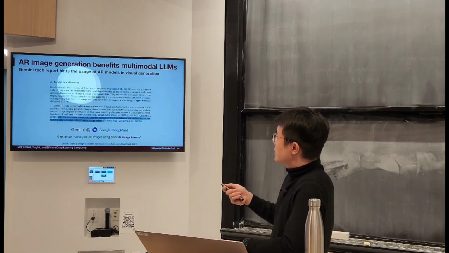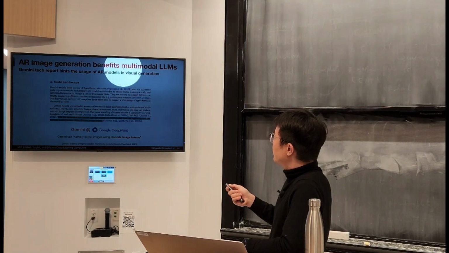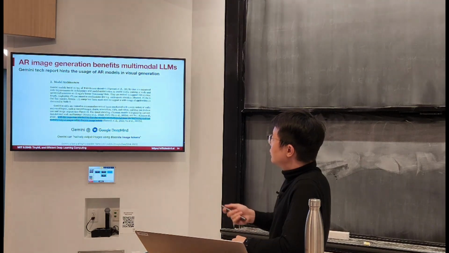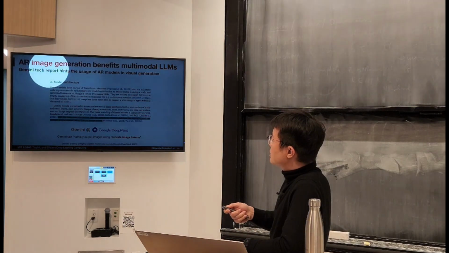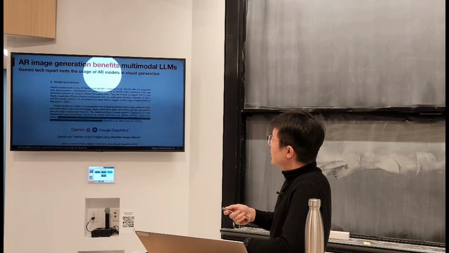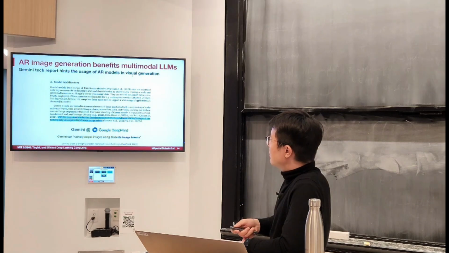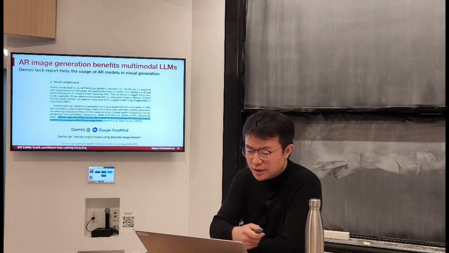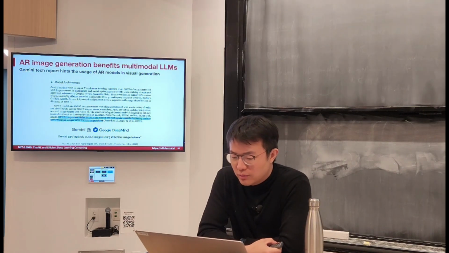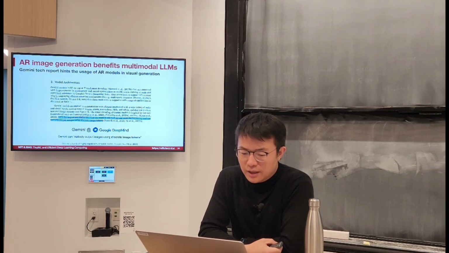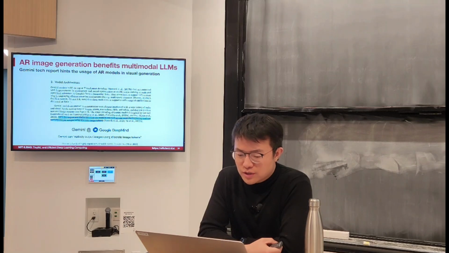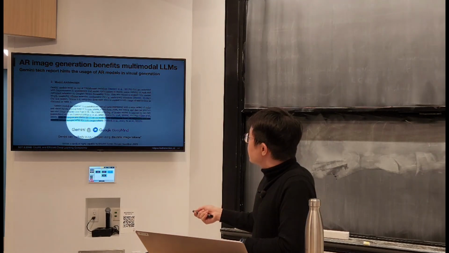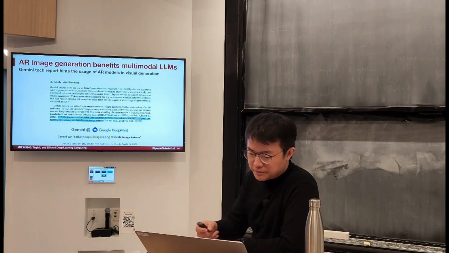Such autoregressive image generation benefits multimodal language models. For example, Google Gemini's tech report hints that they are using an autoregressive model in image generation, with the important distinction that the models are multimodal from the beginning and can natively output images using discrete image tokens.